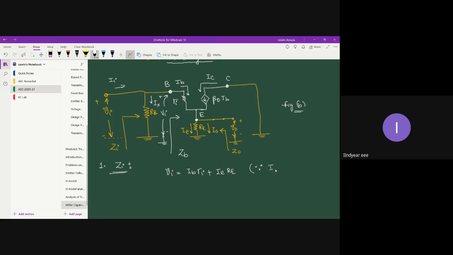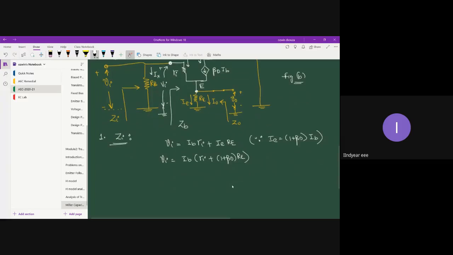But IE is basically 1 plus beta D times IB, right? So beta D you need to bring in. It's not just beta, it is beta D. Therefore, you would get Vi as IB times Ri plus IE. I'm going to replace IE with this, that's 1 plus beta D into RE. So that's your Vi.